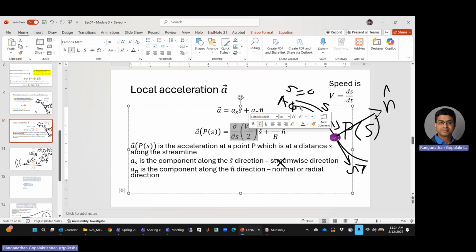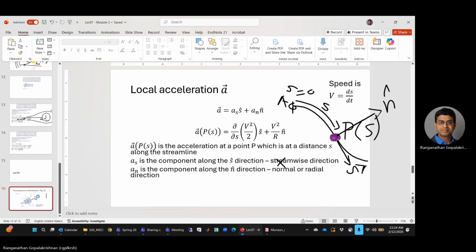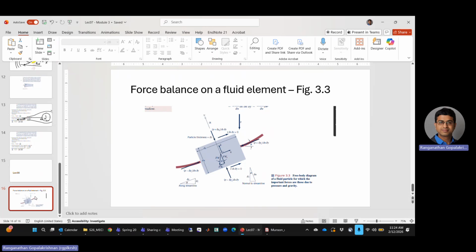The normal component of the acceleration is given by the local velocity squared divided by the local radius of curvature at that point. Okay, so now we are going to use this acceleration to derive the Bernoulli equation. Are you with me so far? Anybody has questions from last lecture?